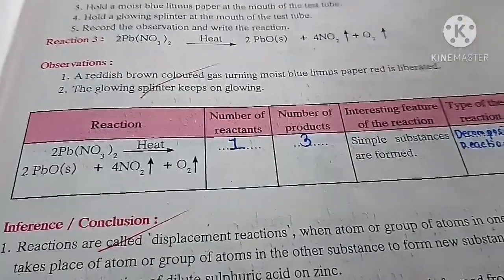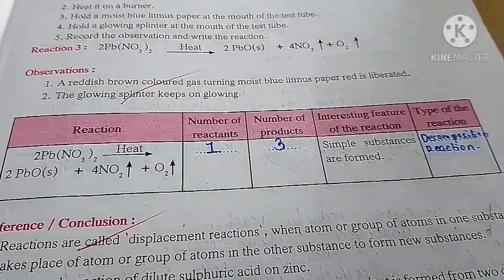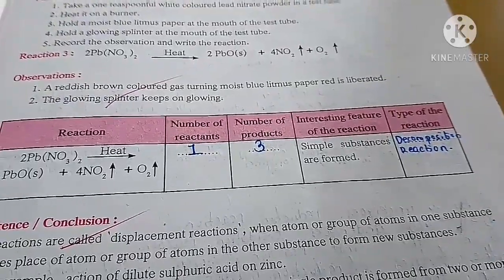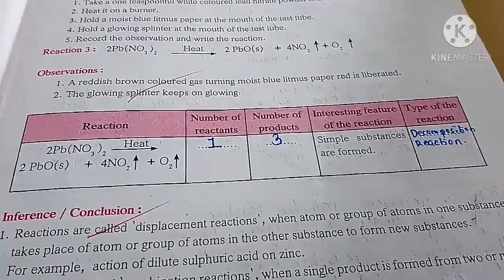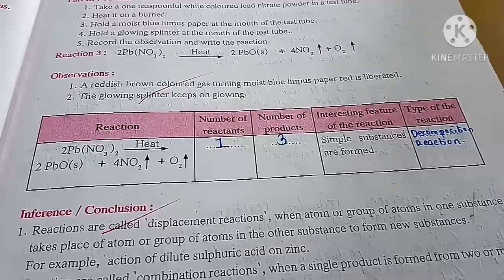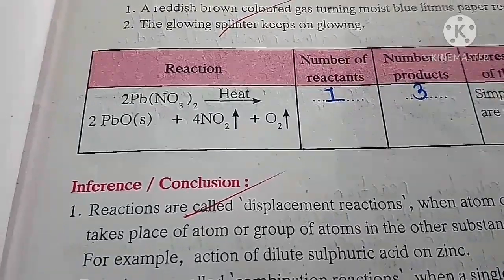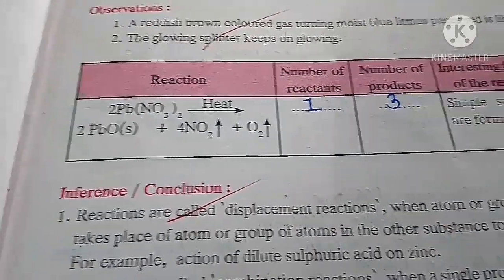Now the reddish brown colored gas turns moist blue litmus paper red. The glowing splinter keeps on glowing. Reaction: lead nitrate heated gives you 2 PbO plus 4 NO2 plus O2.